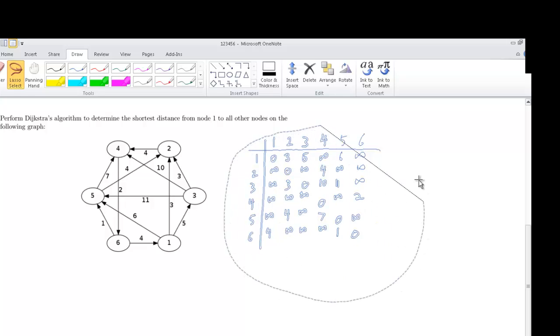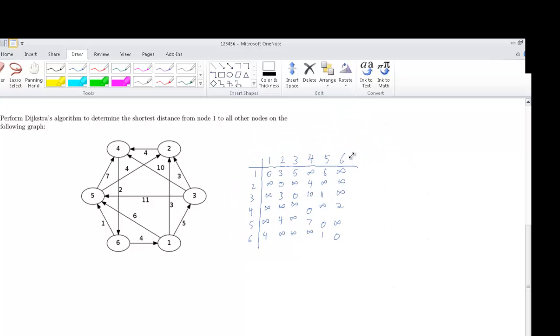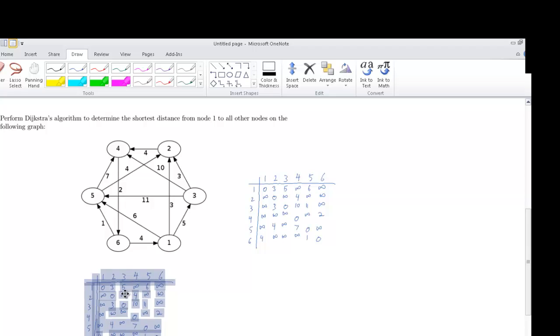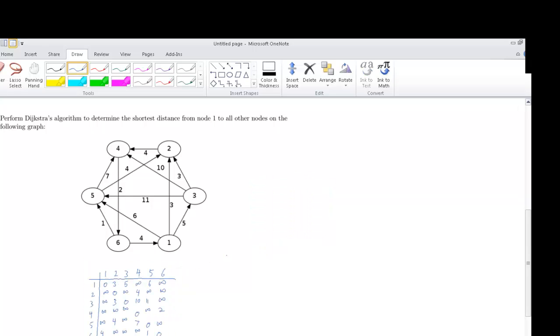So I'm just going to move this to leave enough room. And as I said, this algorithm involves a lot of bookkeeping. So I'm going to use this chart where I have the node number, the visited node numbers here, the unvisited, the current, the distance to the current, and this will keep track of the shortest weight for each node. So 1, 2, 3, 4, 5, 6.